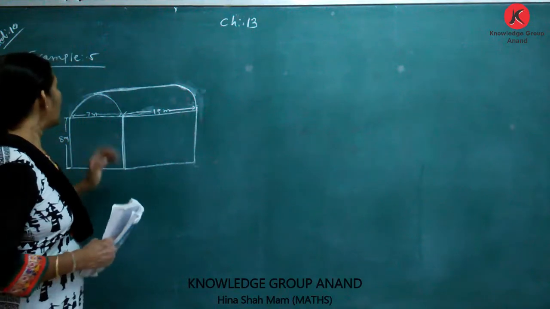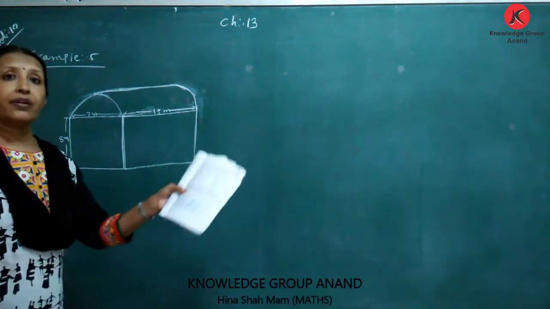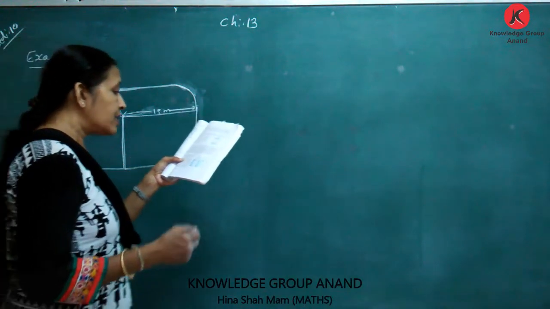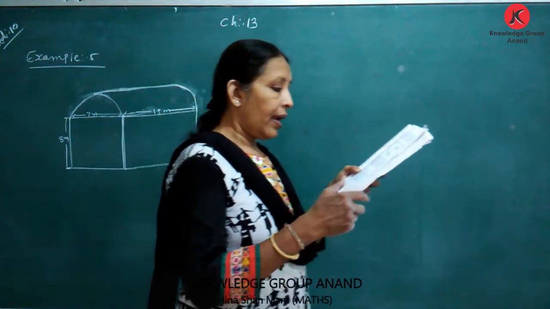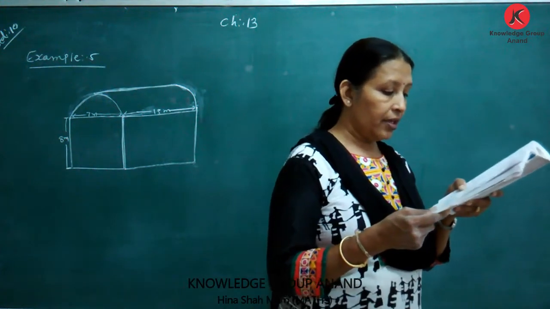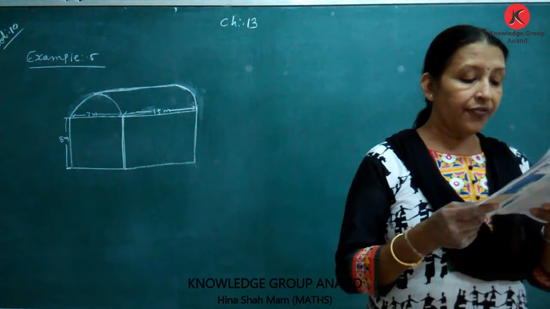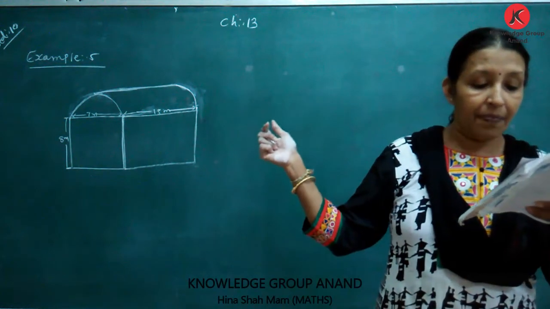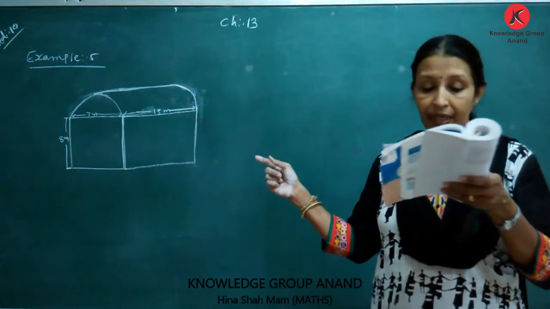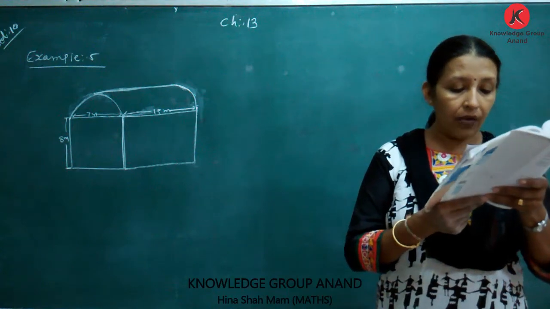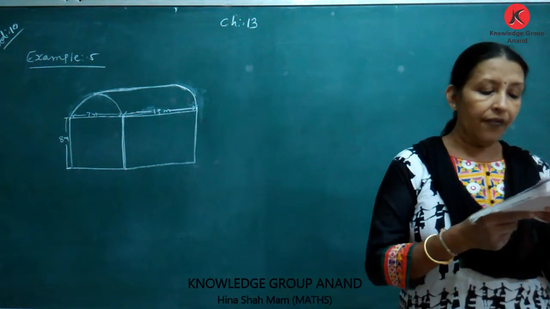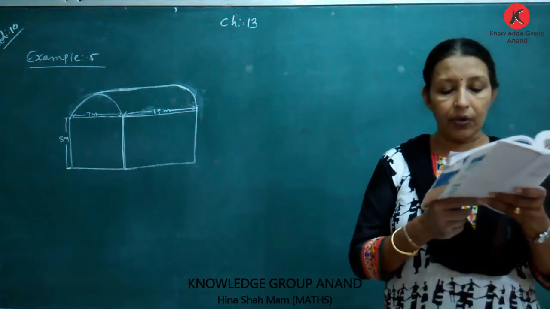Here, example number 5. Open your book, the question is like this. Santa runs an industry shade in the shape of a cuboid surmounted by a half cylinder. If the base of the shade is of dimension 7 meter and 15 meter and the height of the cuboidal portion is 8 meter, find the volume of air that the shade can hold.